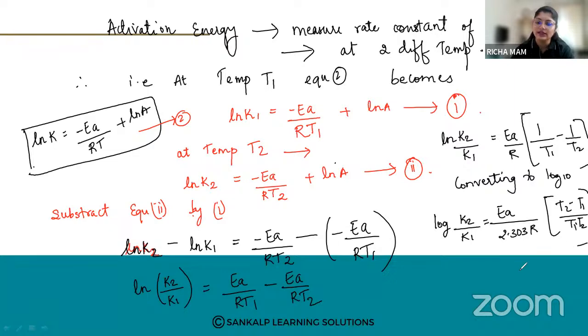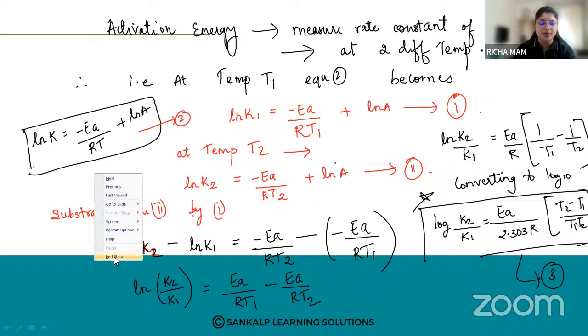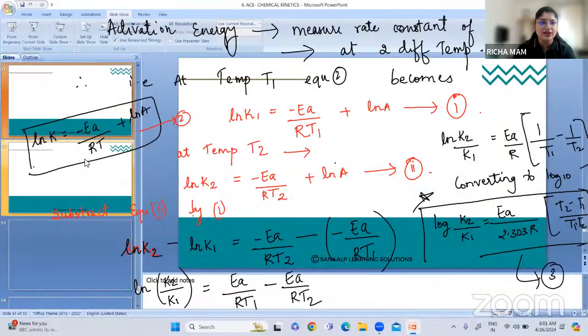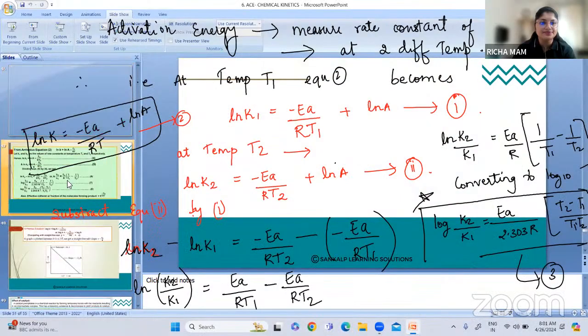This is the third equation. Experimentally we can determine the value of Ea like this. This is an important formula, and by using it we are going to solve problems. Problems are asked in exams using this particular formula.